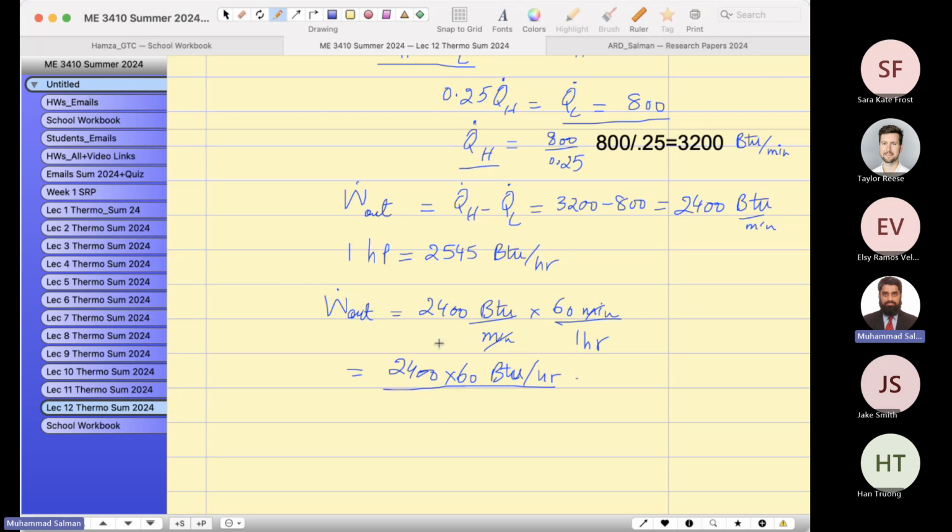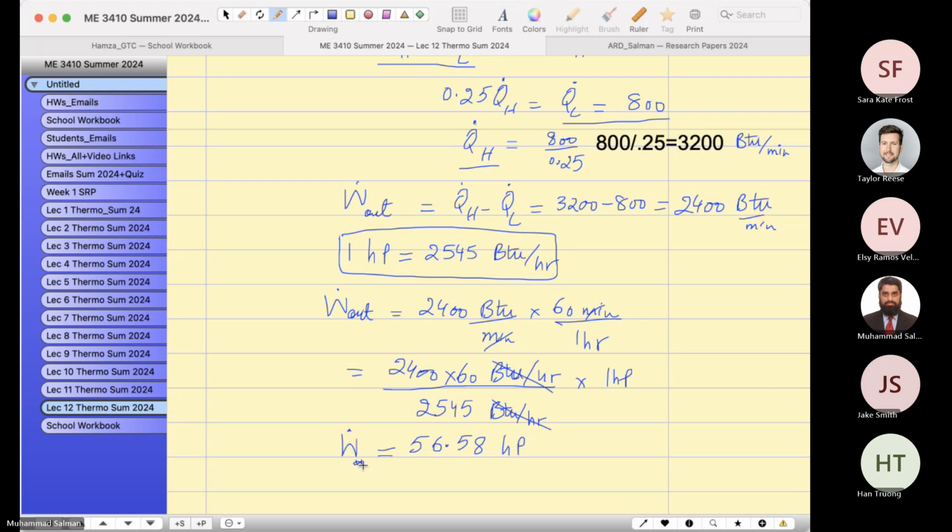Now I'm going to use this unit conversion, 2545 BTU per hour equals 1 horsepower. This cancels this one, and you are left with 56.58 horsepower. So this is our answer, part A.